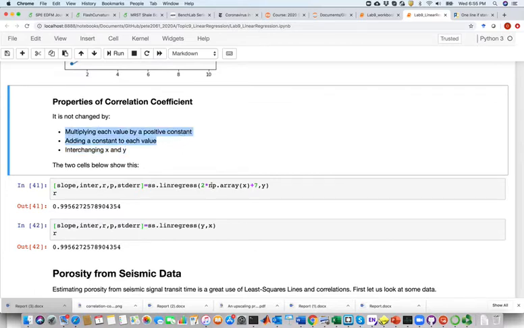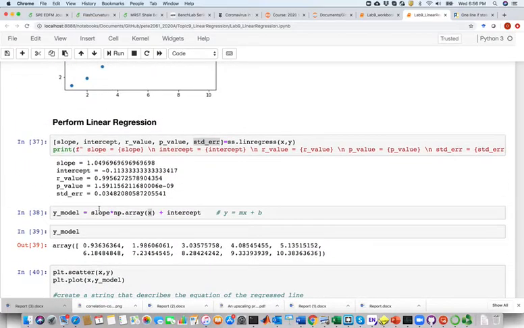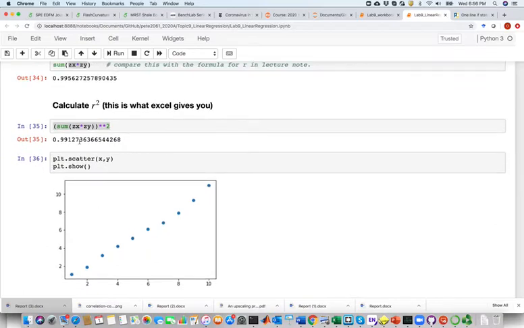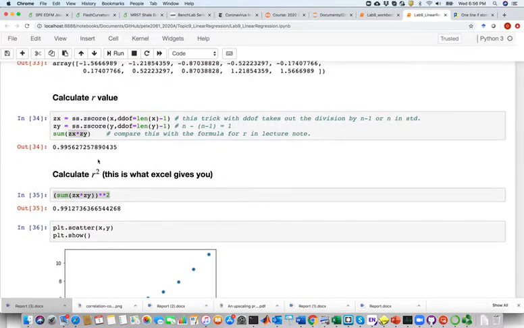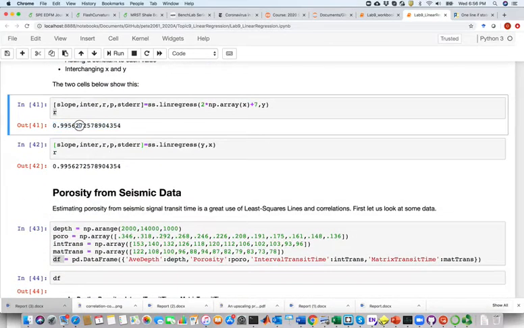So multiply your x, converting it from a list to an array, by a constant positive value, which is 2, and also add a constant value of 7 to it, and keep y as is, and get the r value. This is what it is, exactly the same as it was originally, right? Here, this is r squared, so this is it, 0.99562, which is precisely what this is.